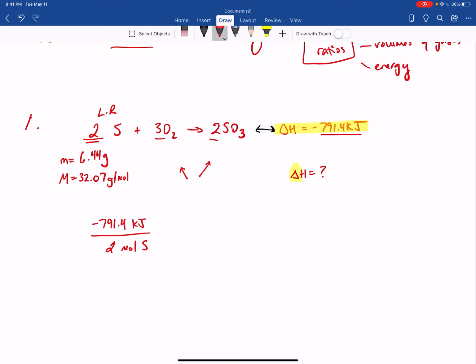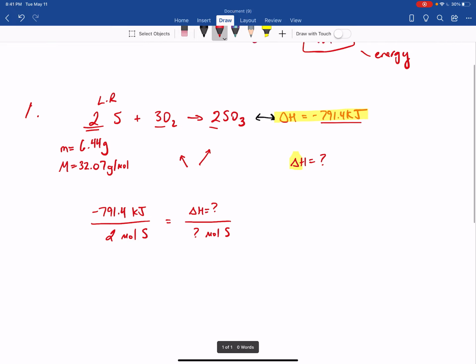And really, we're setting up a molar enthalpy problem here because the molar enthalpy won't change. Now what we're saying is, what is the amount of energy released when not 2 moles of sulfur reacts? So we're going to keep them in the same ratio of each other because the molar enthalpy is a property of the element. Whatever it is, it won't change.